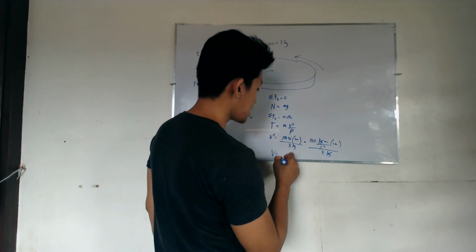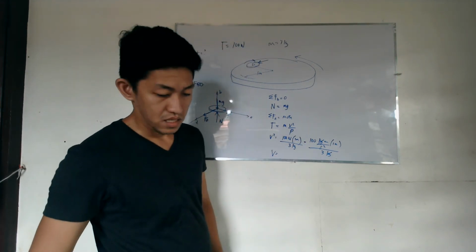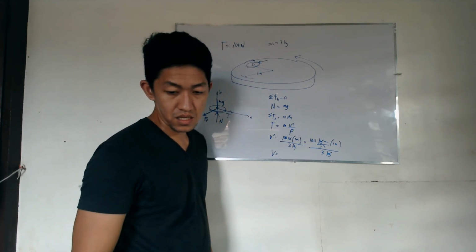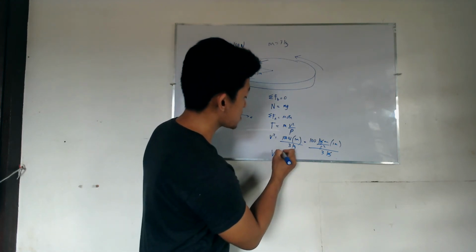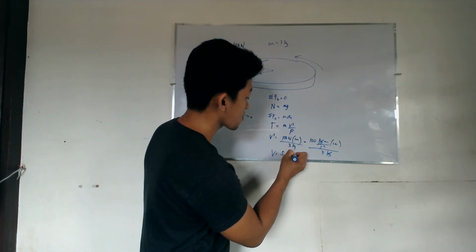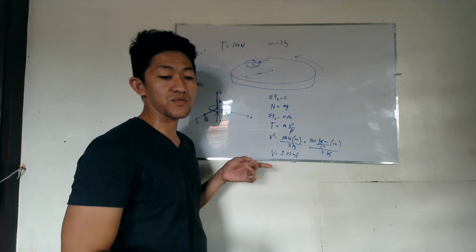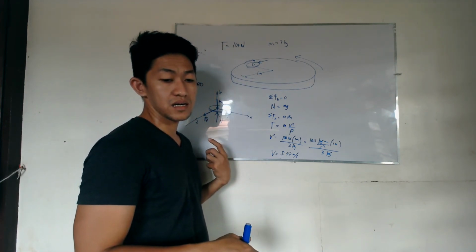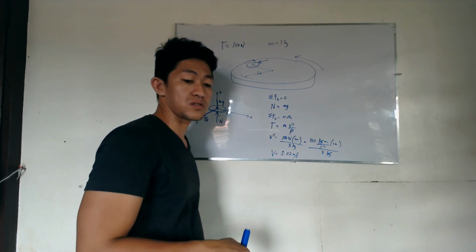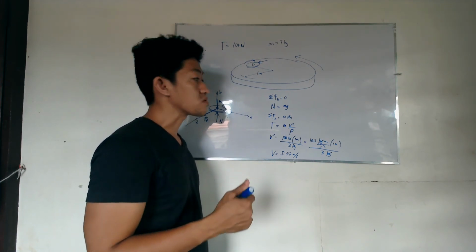Therefore, the velocity is just 5.77. This is the velocity that would cause the cord to break.